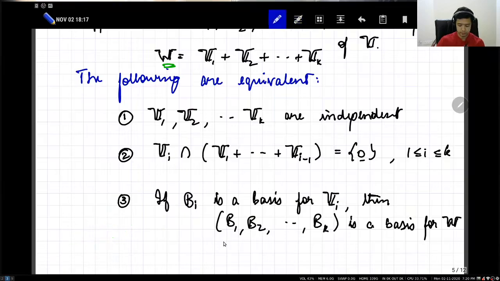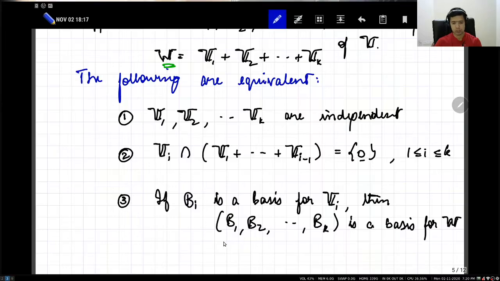All right. So I won't prove all of these statements, but maybe prove a part of it, and I'll let you try to work out the rest on your own. Let's try to prove that statement 1 is equivalent to statement 2. So V1, V2 up to Vk are independent if and only if Vi intersection V1 plus V2 all the way up to V(i-1) is equal to the 0 vector.